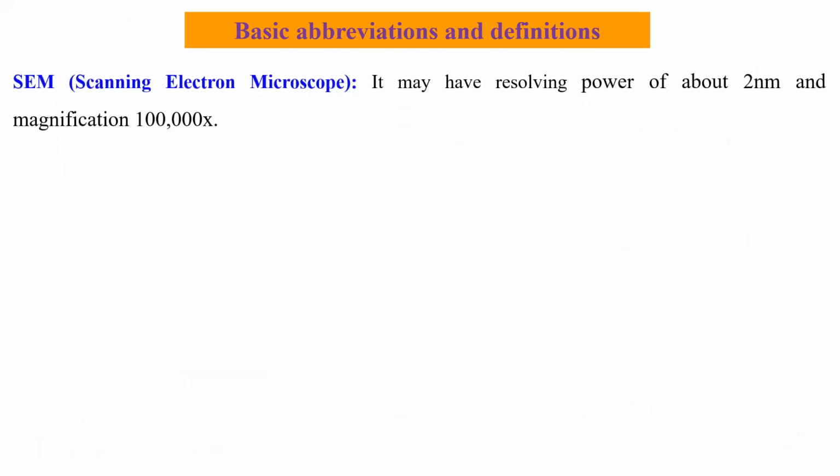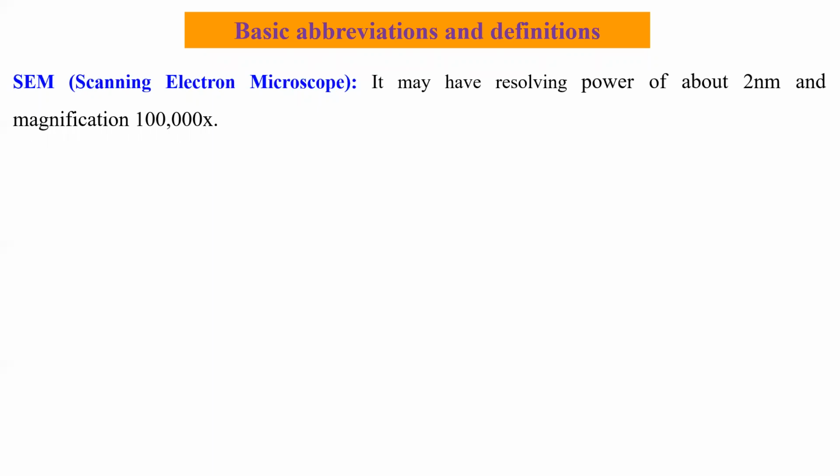Now the basic abbreviations and definitions. Scanning electron microscopy is a type of electron microscopy with a resolving power of about 2 nanometers and magnification up to 100,000x. Here x is very important.